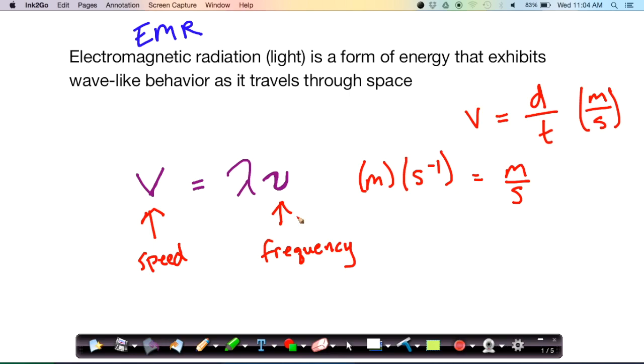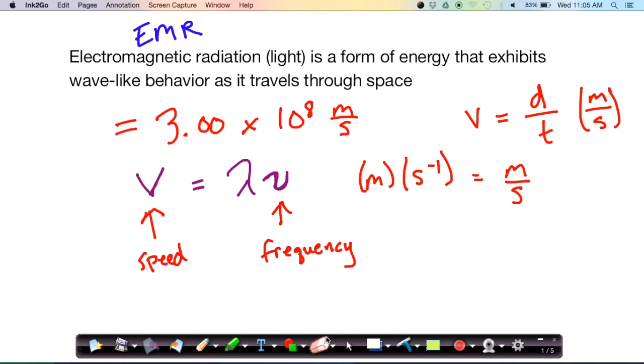So, interesting, for light, for electromagnetic radiation, what we find is that wave speed is always the same thing. It's always constant. And it's a very, very fast speed for light waves. It's equal to 3.00 times 10 to the 8th power meters per second.